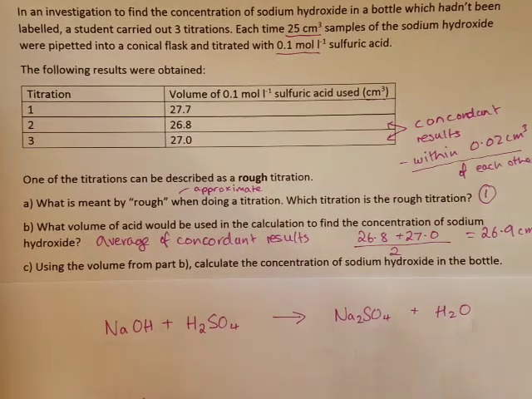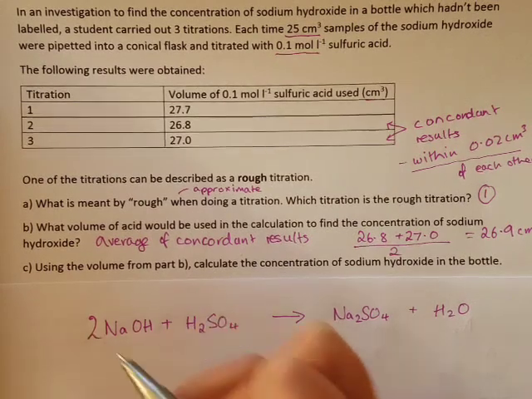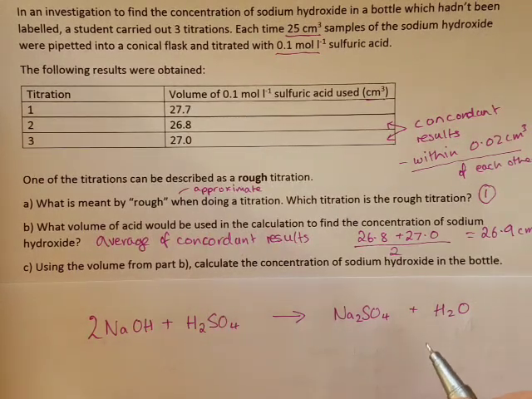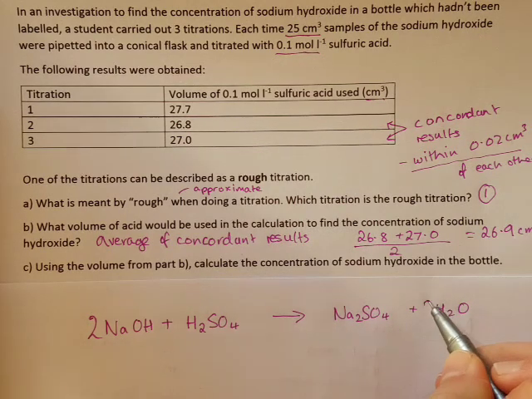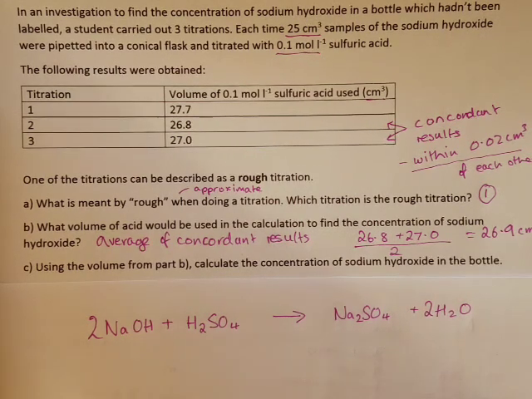We're going to have to balance this equation, so we are going to need 2 sodium hydroxides for every 1 sulfuric acid, and I think we'll also then make 1, 2, 3, 4. So we're also going to make 2 molecules of water in that equation. So that's our balanced equation.